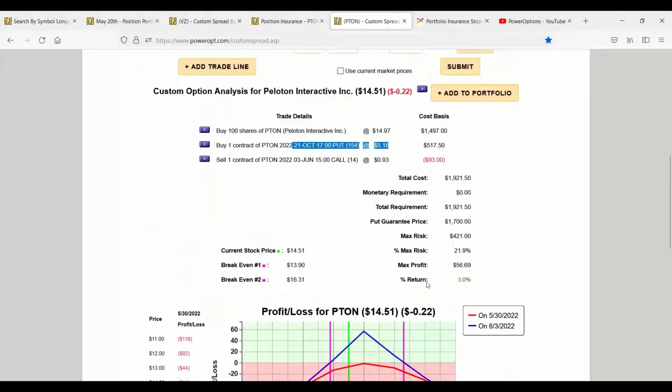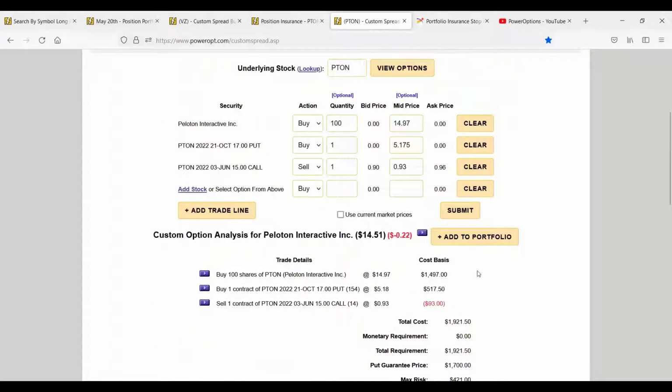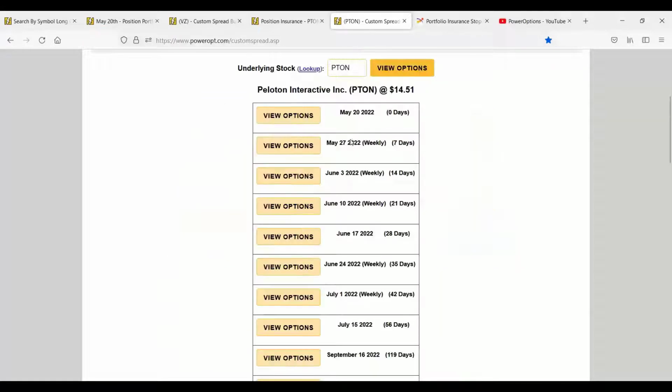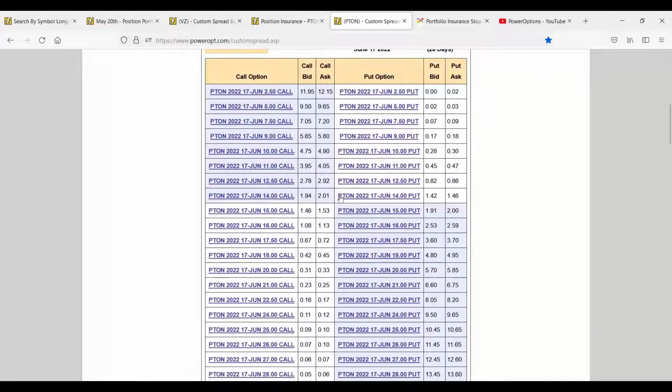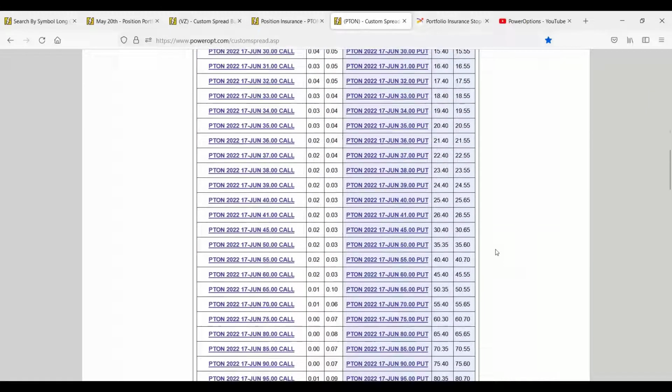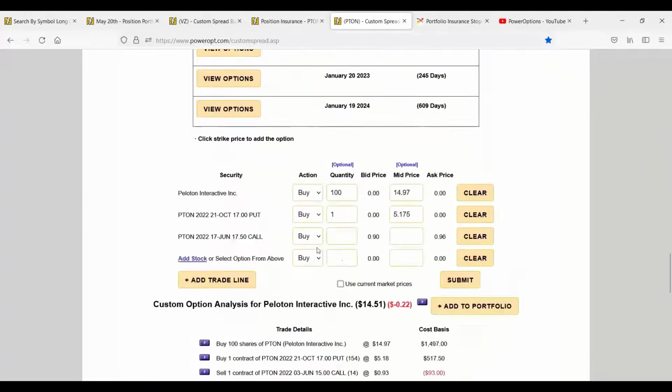Sure, it's only a 14-day out position, but a lot can happen in 14 days in either direction, as we've seen. But the premiums are strong enough on Peloton because of the implied volatility that even going with that 17 strike, if I go a little bit further out, I can get 60, 70 cents against that risk for the 17.50 call, excuse me.